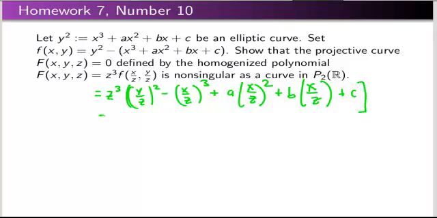Okay, so that's gonna, I can't read my green. Looks like a z y squared minus x cubed plus a x squared z. So we're just homogenizing the polynomial here.